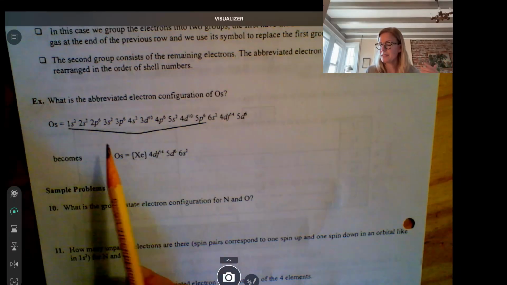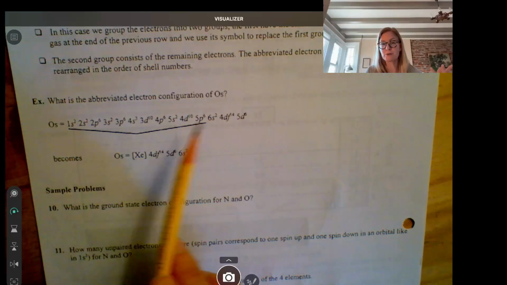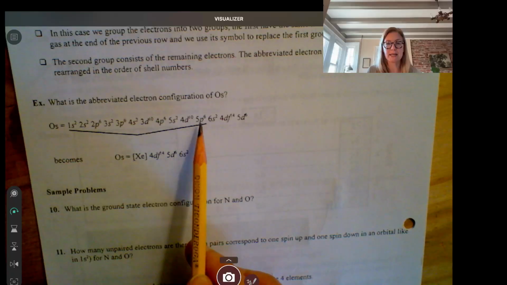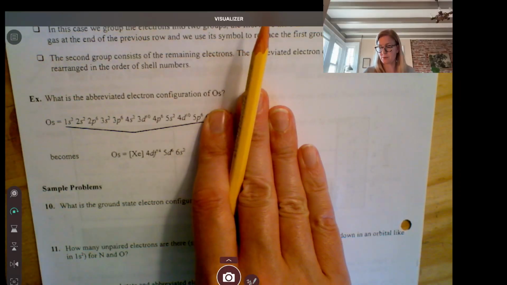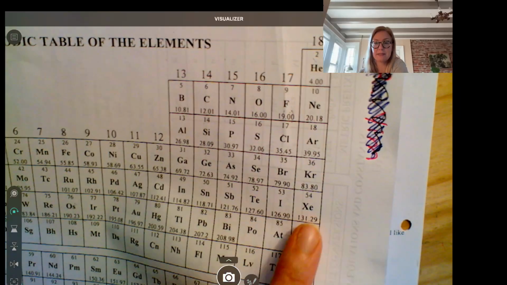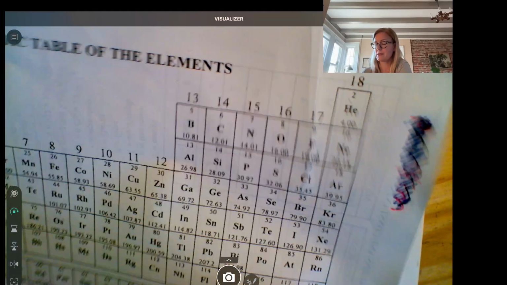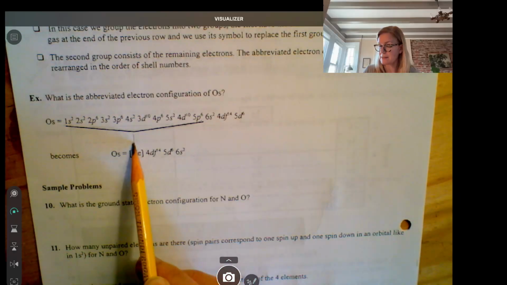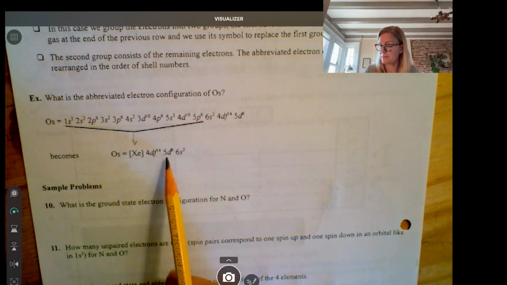So what they did here is first they showed the full electron configuration, and then they underlined the first 54 electrons, because the noble gas that comes before osmium is xenon, which has 54 electrons. And instead of writing out all 54 electrons, they just wrote Xe, okay? And then they added on from there.